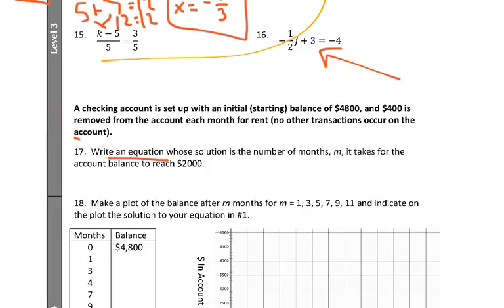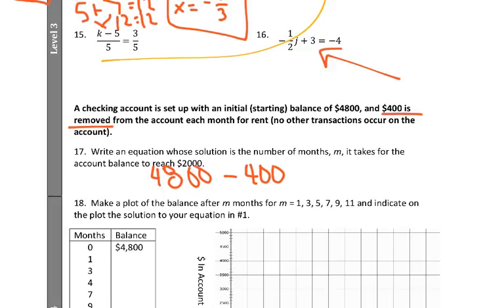A checking account is set up with an initial balance of $4,800. Initial means starting, so we are going to start off with $4,800. And then it says $400 is removed from the account each month. So in other words, we're going to lose $400, and it says each month.